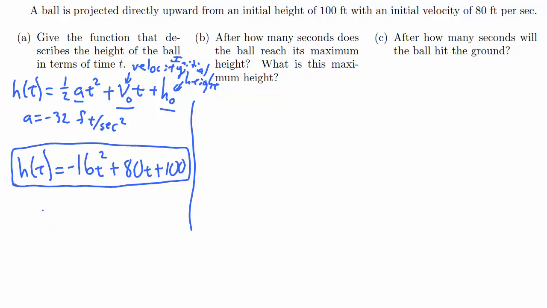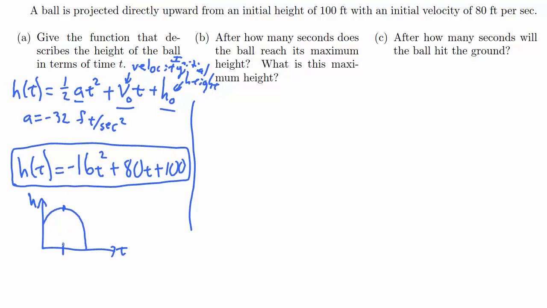Now notice that if I was to graph this function, it's going to look something like this. So the maximum height will be the vertex of a parabola, because this is quadratic in nature. So we're effectively asking after how many seconds does the ball reach its maximum height. The x-axis is the t-axis and the y-axis is the h-axis.